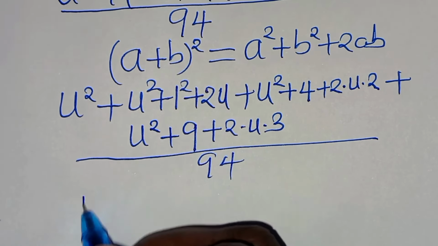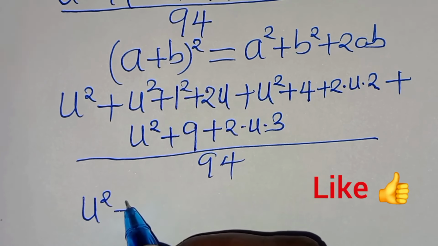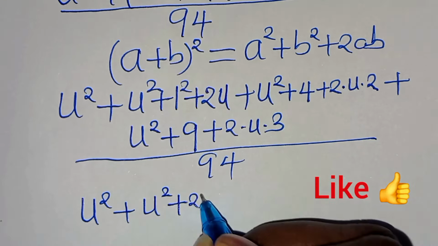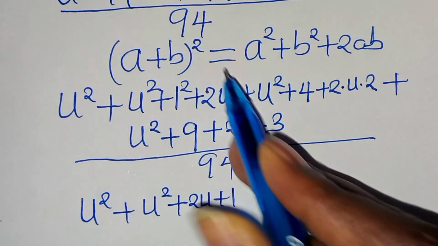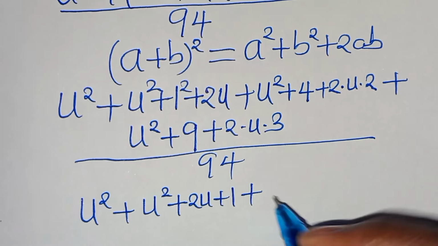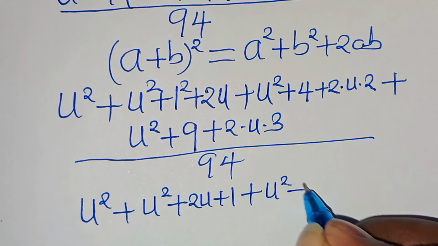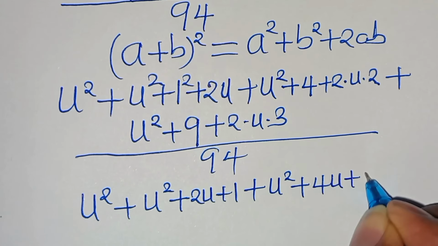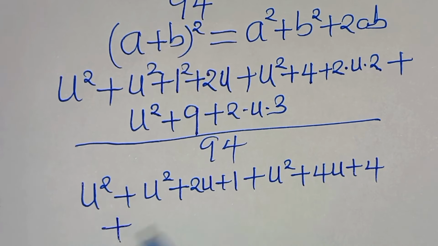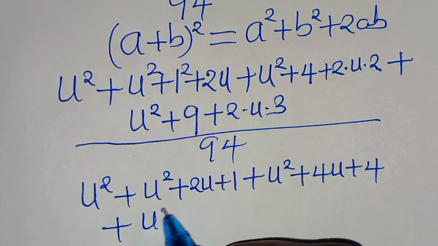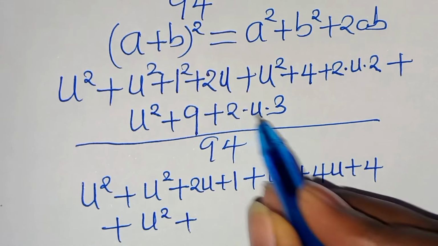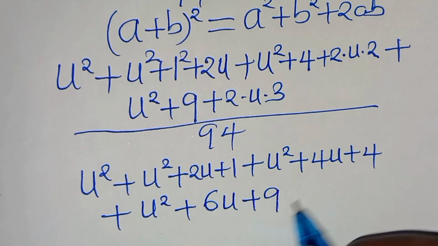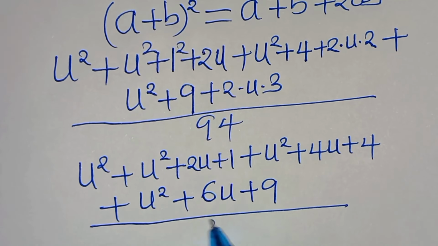So this means that we have u squared plus u squared, then plus 2u plus 1 squared is 1, then plus u squared, then plus 4u, then plus 4, plus u squared, then plus 6u, then plus 9, everything here divided by 94.